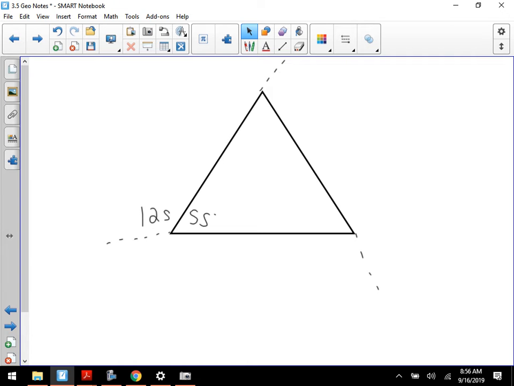All right, so the exterior angle and its interior angle form a linear pair.